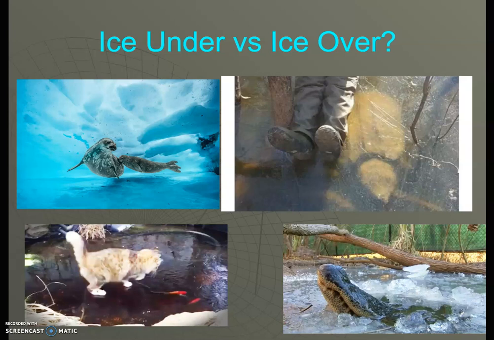Think about what happens in the wintertime. What does a lake, a pond, an ocean, a stream, a river, a whatever do? Does it ice under or does it ice over? You're like, well, duh, it ices over. So what is the big deal?